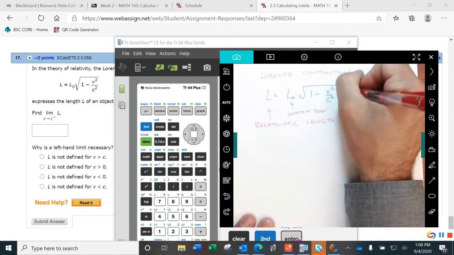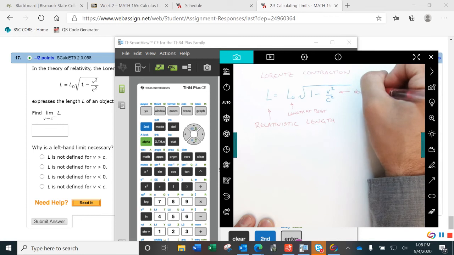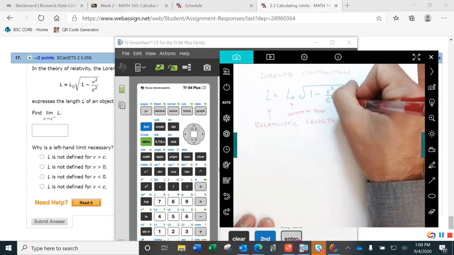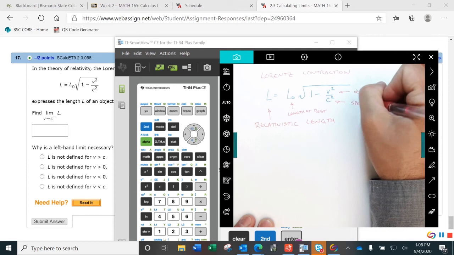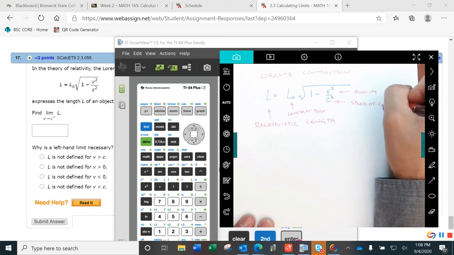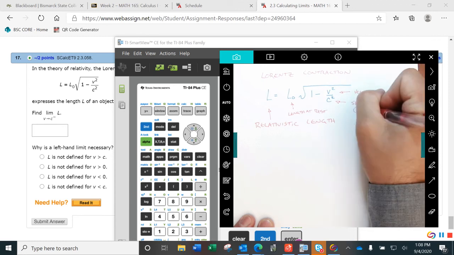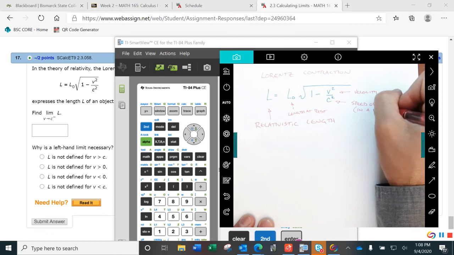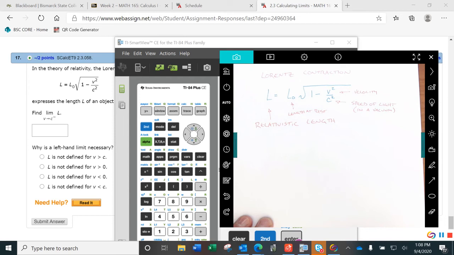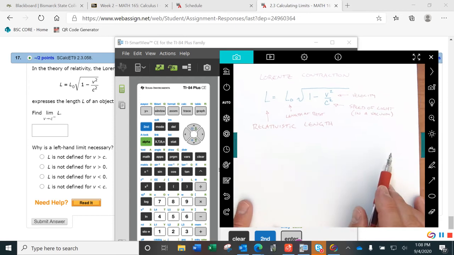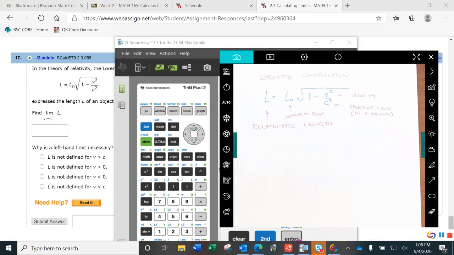And this is the velocity. And this is the speed of light. In a vacuum. Right there.